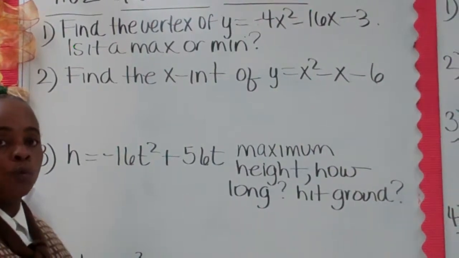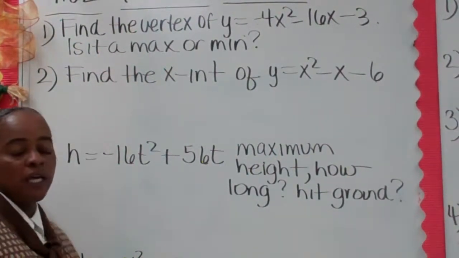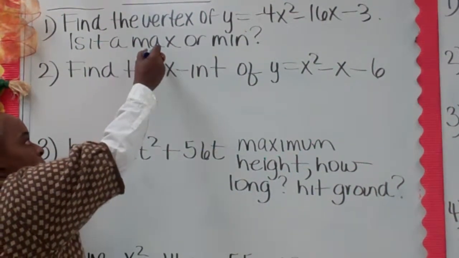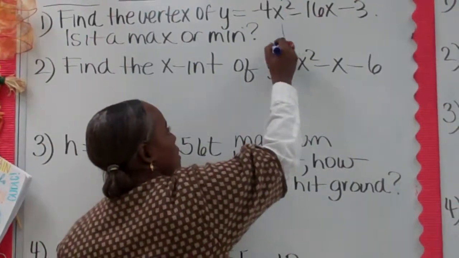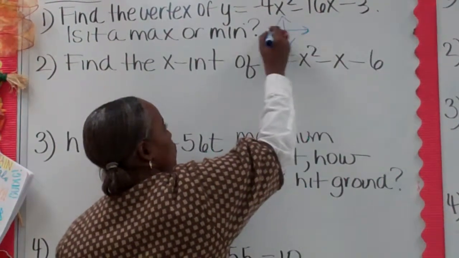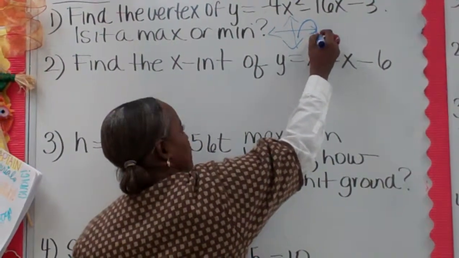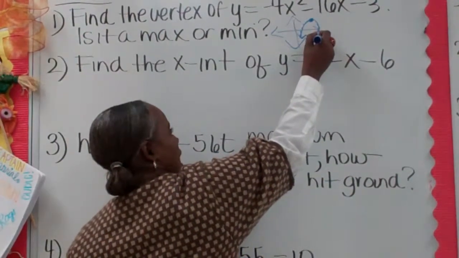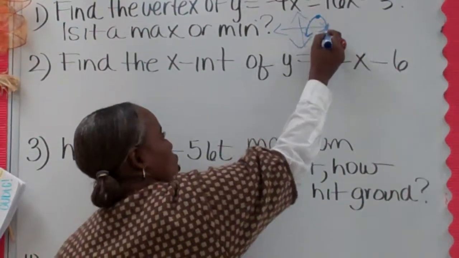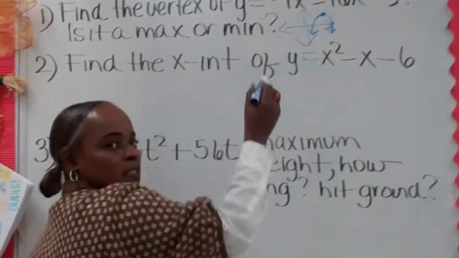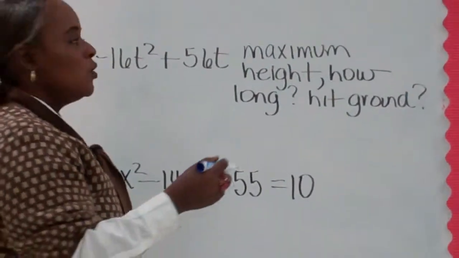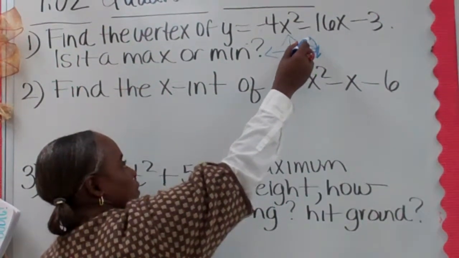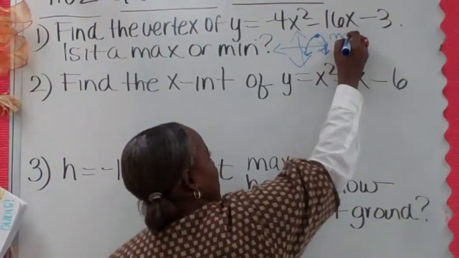So if that parabola opens down, then the vertex is a maximum, because the vertex is the highest point on the graph.